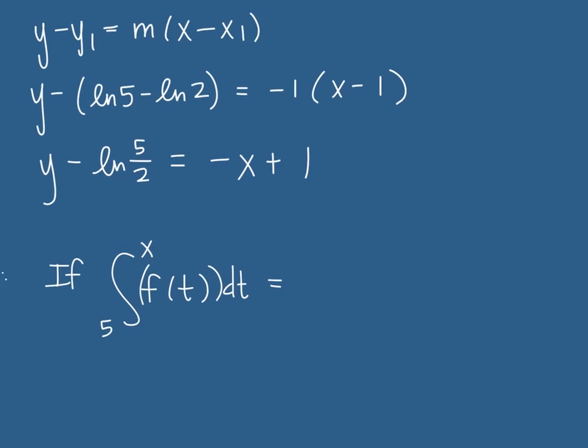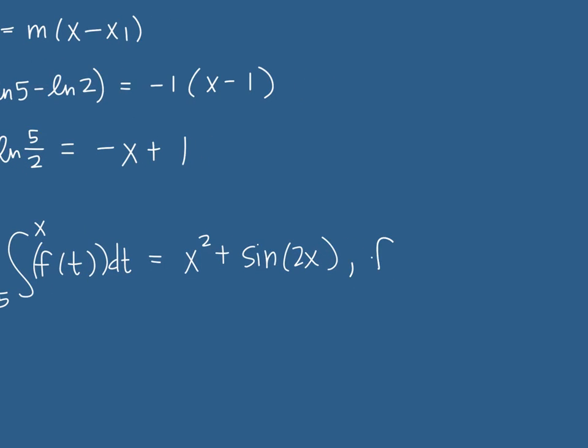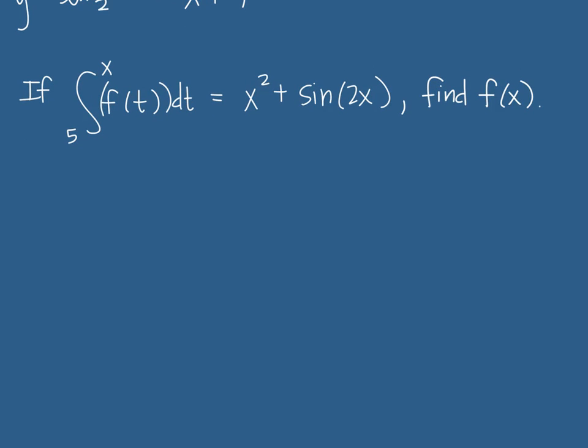And if we are given that that is equal to x squared plus sine 2x, okay, if that is the given part of the equation, find f of x by itself. So if you are given the original equation, get f of x alone.